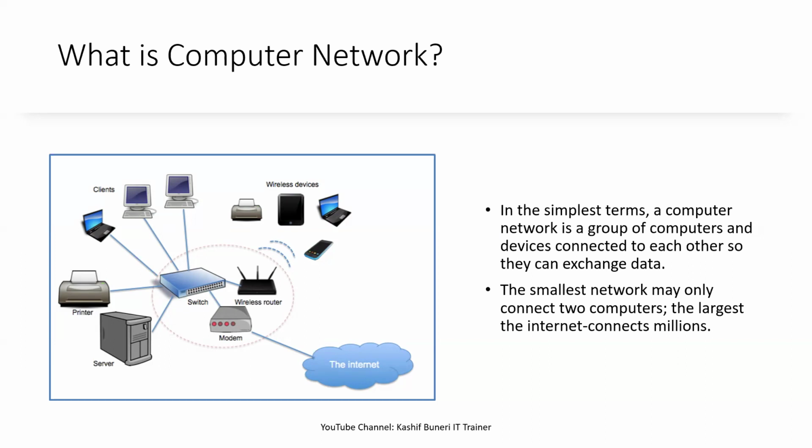So if you have two laptops and you want to exchange data, that would be the smallest network. And the largest network would be the internet. You are communicating with Facebook, Google, YouTube. These are also computers or services, and you are allowed to access those services from anywhere. So that is also an example of computer networks.